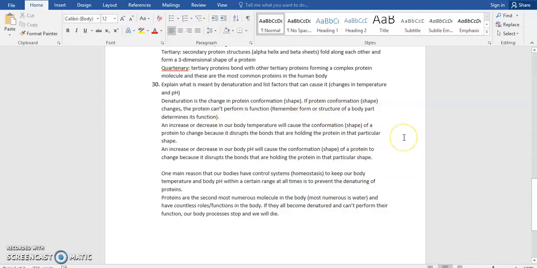There are quite a few things that can cause a protein to denature, but the two that we want you guys to be familiar with are body temperature, so a really high body temperature or a really low body temperature, and pH, the hydrogen ion concentration in the body. If there are way too many hydrogen ions and the pH is really low, that will denature a protein.